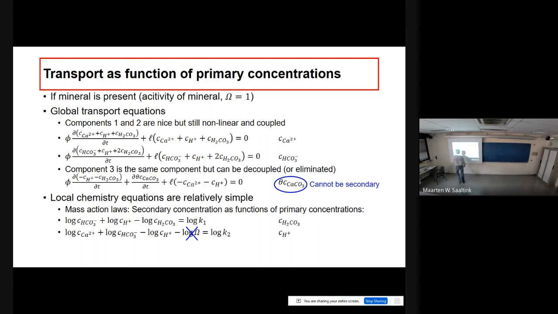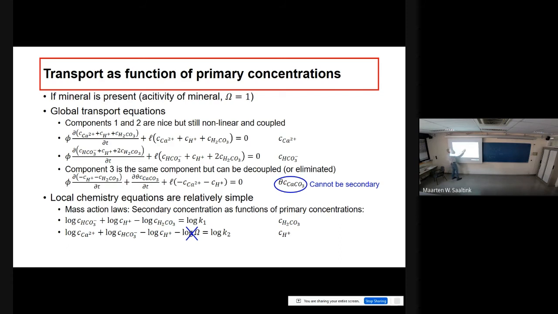And another thing is, I got these two theoretically nice components, but they're still not linear, coupled, etc. Because this H2CO3 is some function of my mass action law of the other primary species.